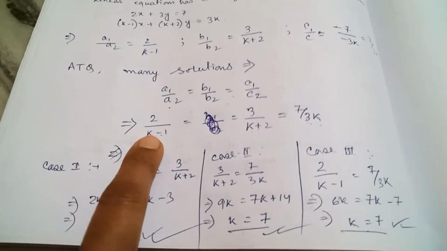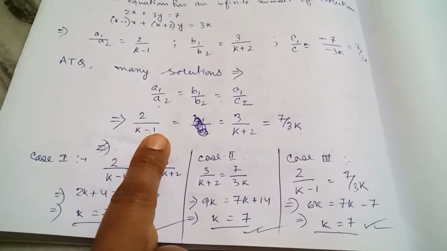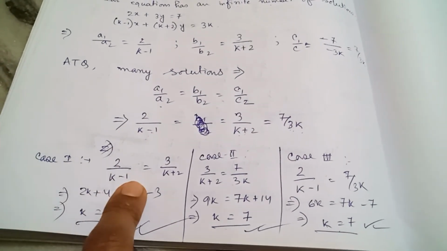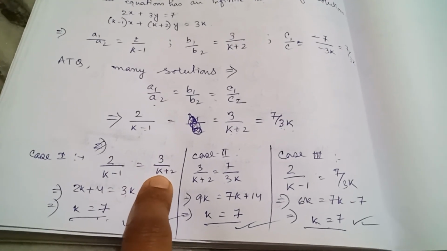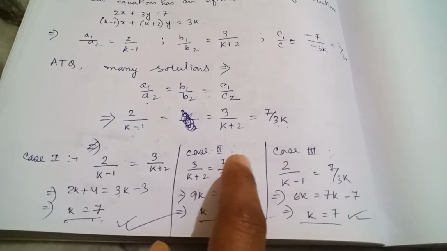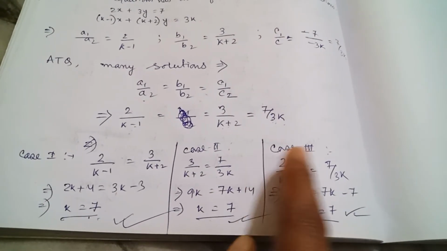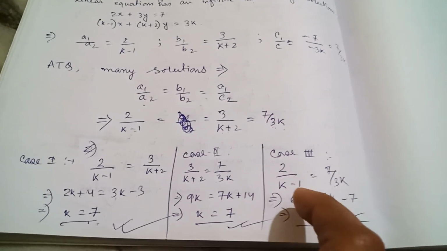Now for these three things we will be getting case 1 like this, 2 by k minus 1 equals to 3 by k plus 2. Case 2 will be 3 by k plus 2 equals to 7 by 3k, and case 3 will be 2 by k minus 1 equals to 7 by 3k.